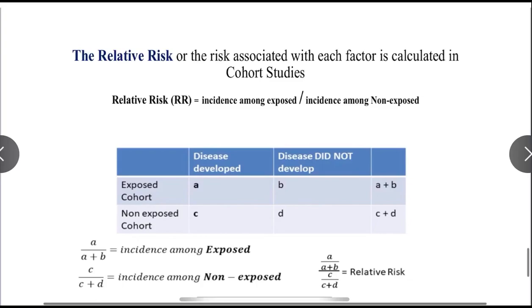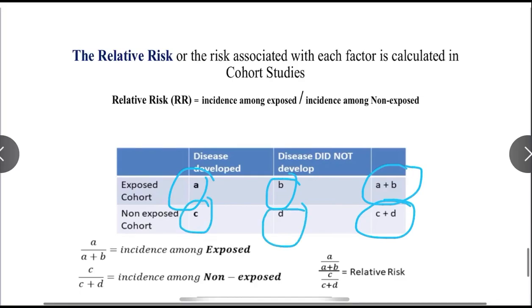It is similar to the odds ratio. We have the exposed cohort, A plus B, and the non-exposed, C plus D. A are those who develop the disease, and B did not develop the disease. C, the non-exposed cohort, who were not exposed to the suspected risk factor but developed disease, and D did not develop disease.